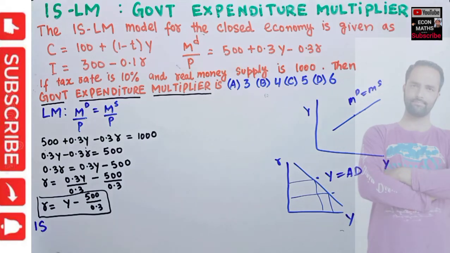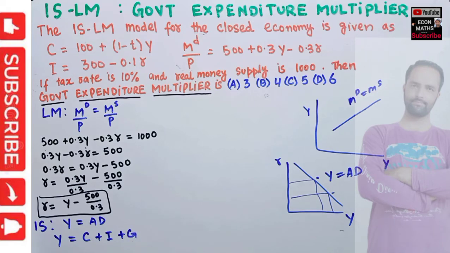So for the goods market to be in equilibrium, our income should be equal to aggregate demand, and we know aggregate demand is composed of consumption demand plus investment demand plus government demand.